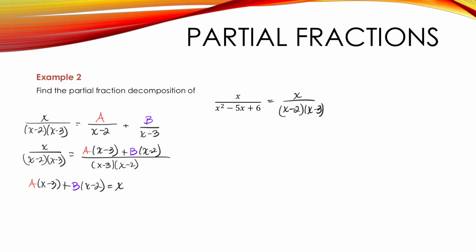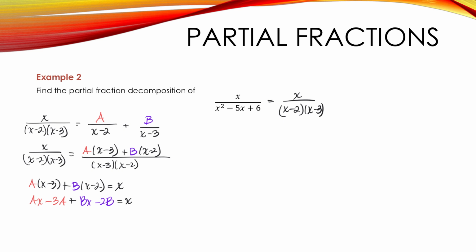So if we start doing a little simplification here, we'd have ax minus 3a plus bx minus 2b. And it has to all equal x.